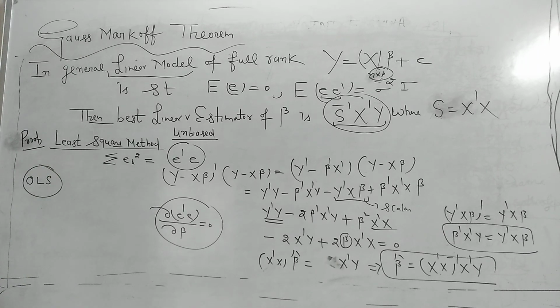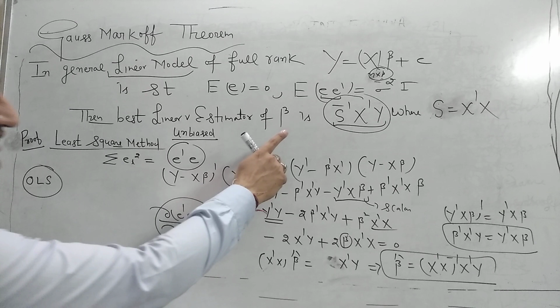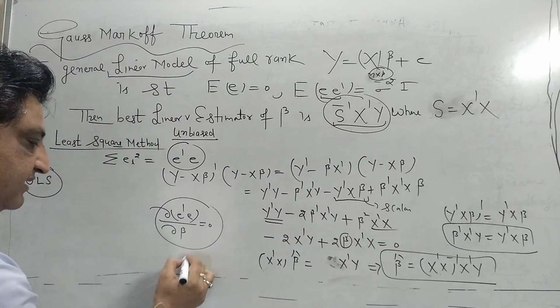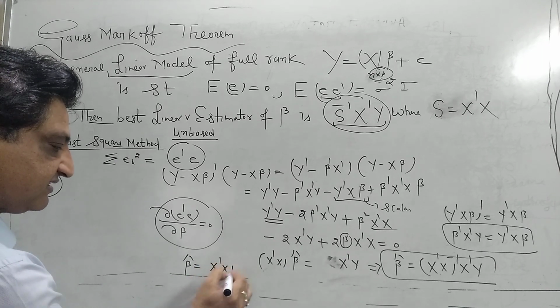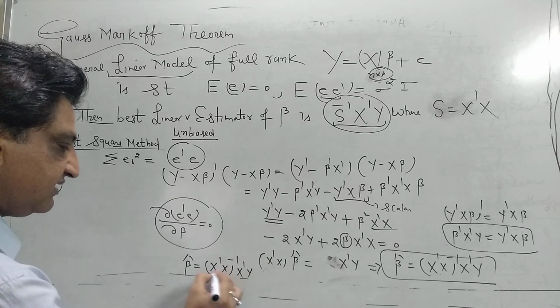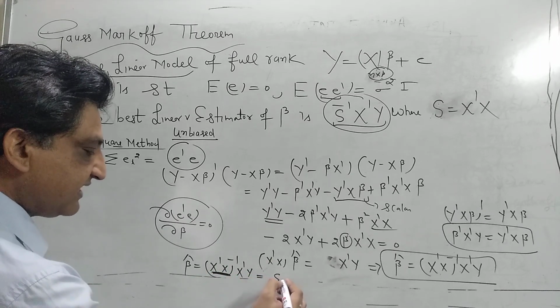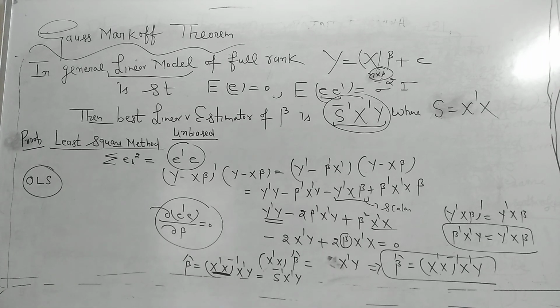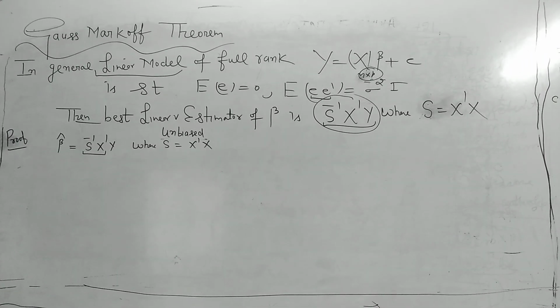The ordinary least squares estimator is β cap equal to (X'X) inverse into X'y. Let X'X be S, so I can write S inverse X'y. By the ordinary least squares method we have found that β cap is equal to S inverse X'y.